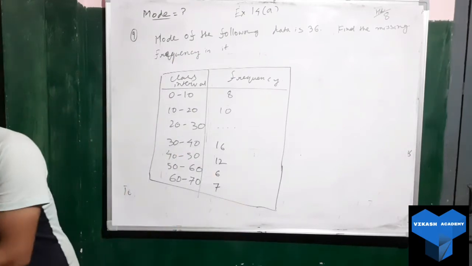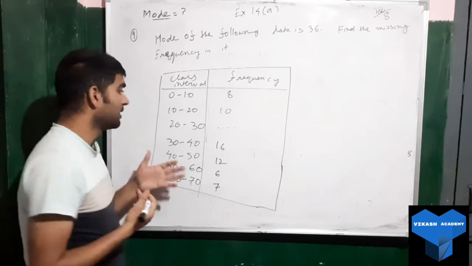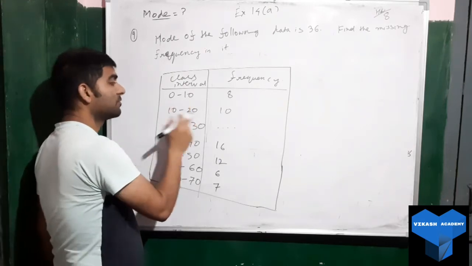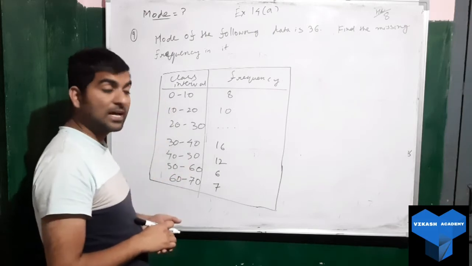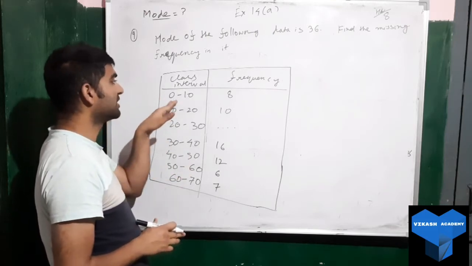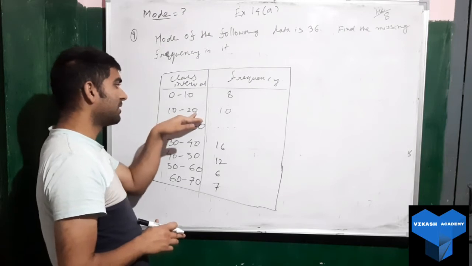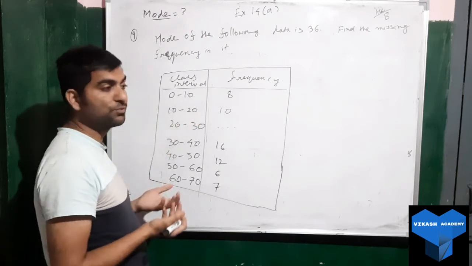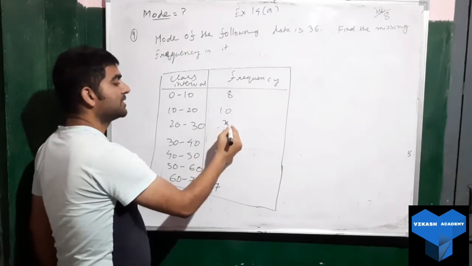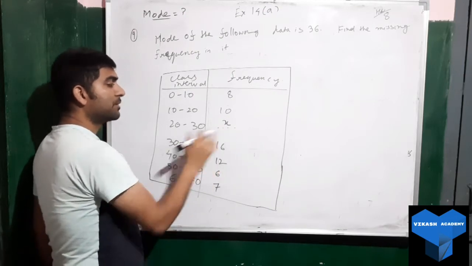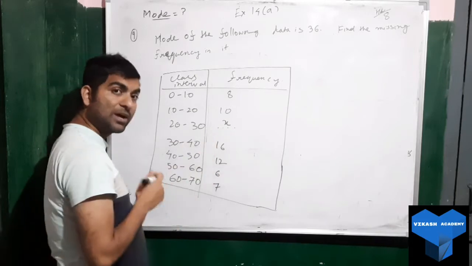What we are going to do for this kind of question: you will see this is regular, so no need to find the conversion factor and change into continuous class interval because it's already continuous. 0 to 10, again starting from 10, 10 to 20, again starting from 20. Our aim is to find this missing frequency. The missing frequency is given blank, so I will take x.